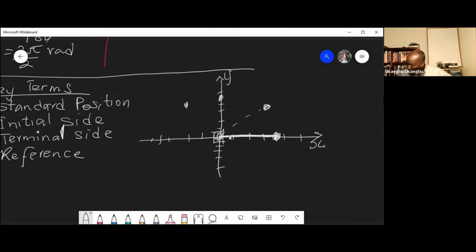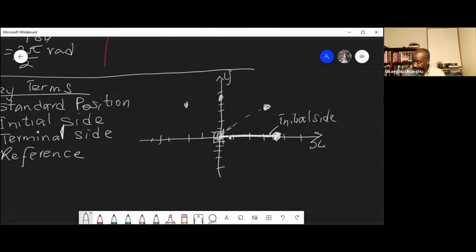Now when it moved, this part where it started is called the initial side. So here is your initial side. This is where the journey started. Once you swing it, it crosses, comes here, but you're still swinging.